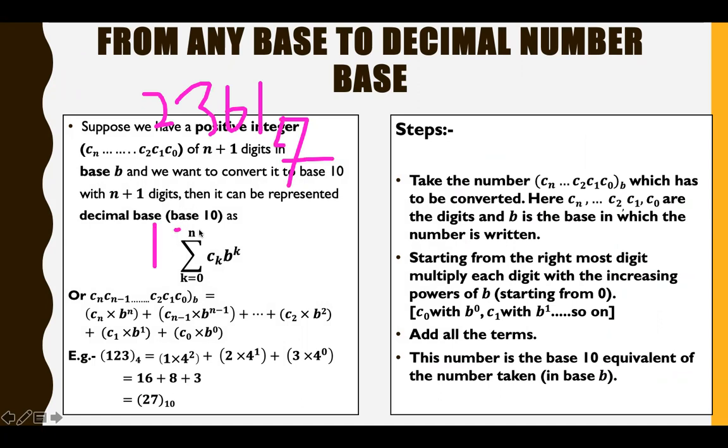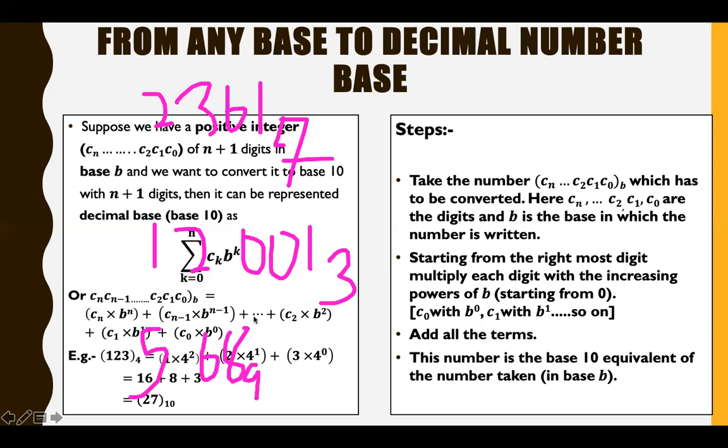The second one is 1, 2, 0, 0, 1 from base 3 to base 10. And the third question is 568 from base 9 to base 10. Solve these questions, all to base 10.